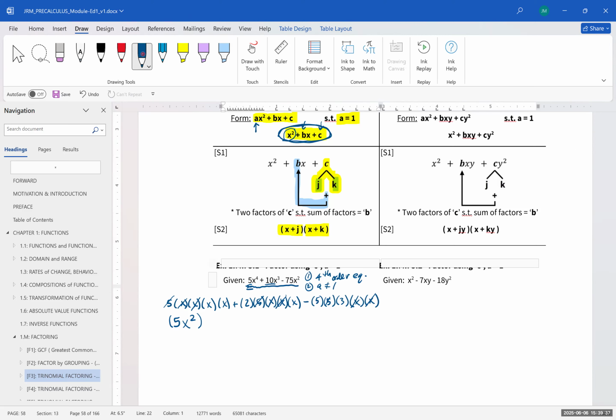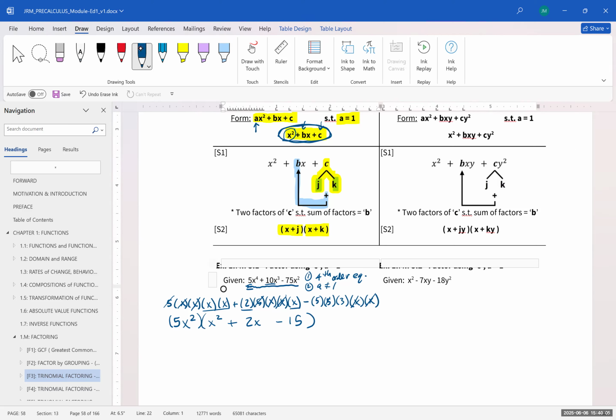And so what do we have left in each term? Well, this one, we only have x squared left. In this second term, we have a 2 and an x. And in this third term, we have a negative 15.